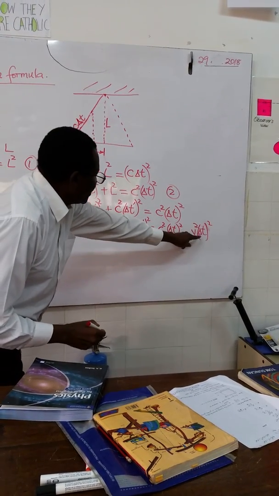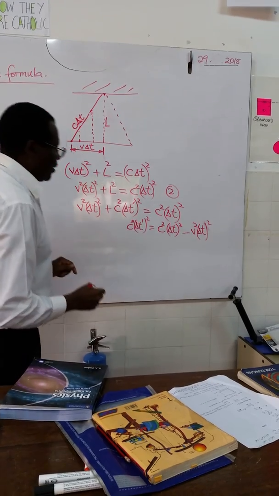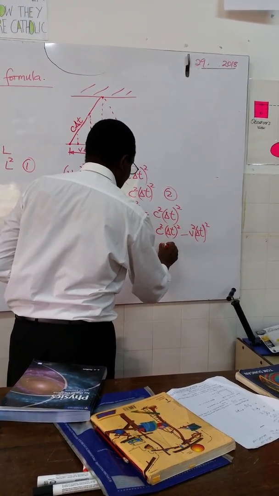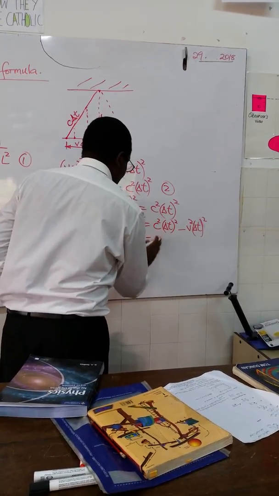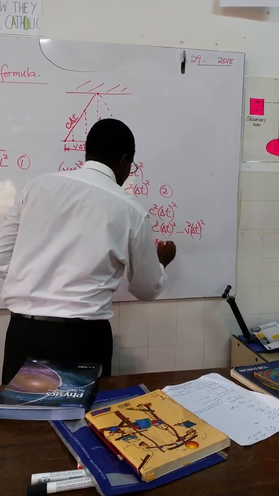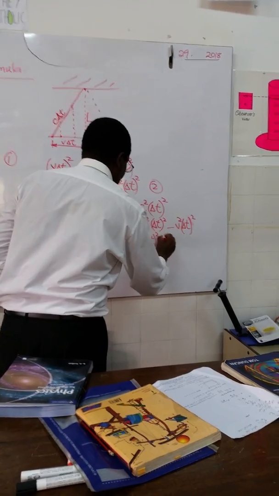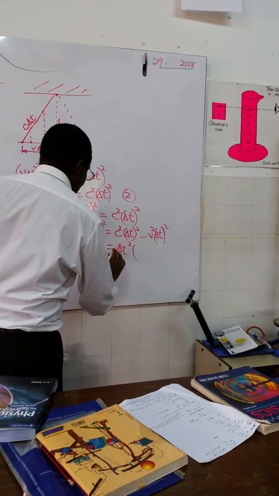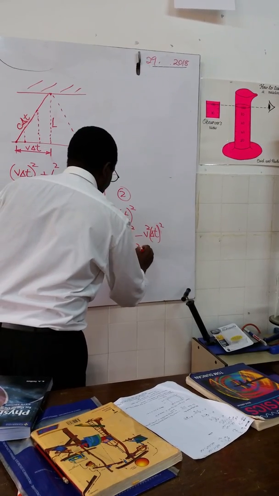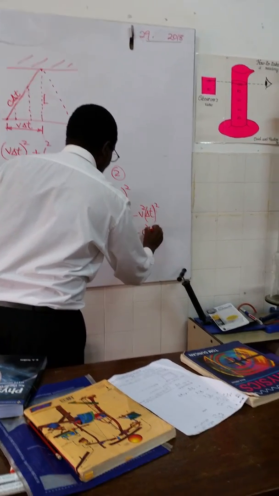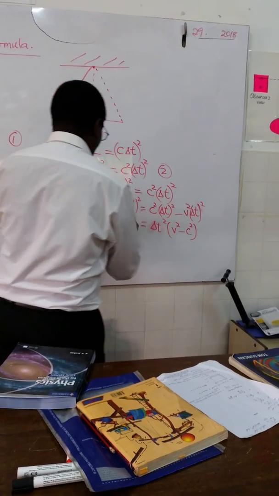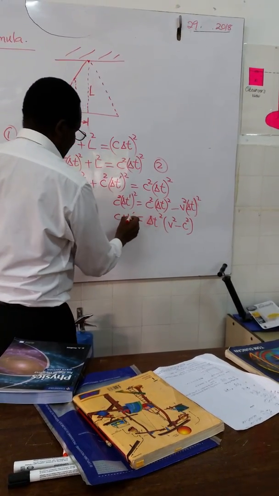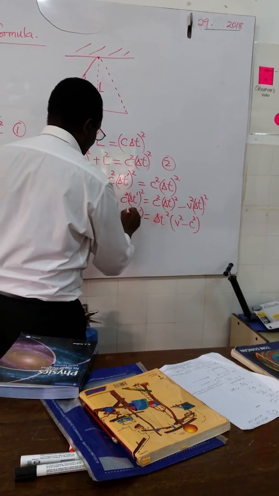Looking at this, we can see that change in t is a common, so we can factorize that side and say change in t squared into v squared minus c squared is equal to c change in t prime squared.